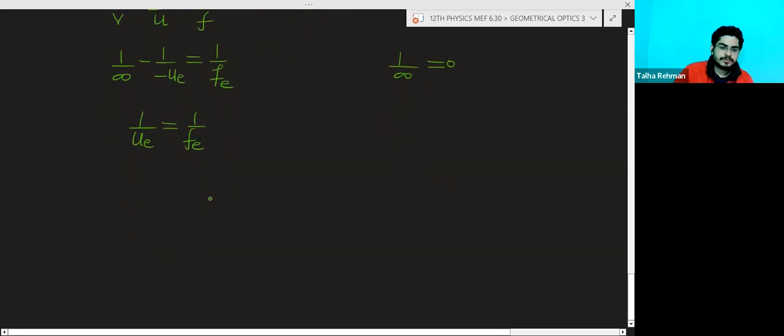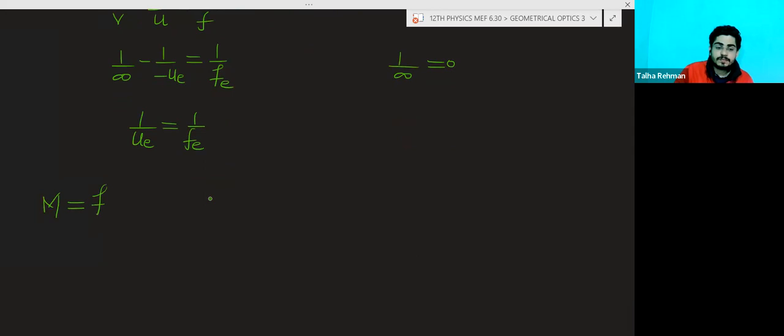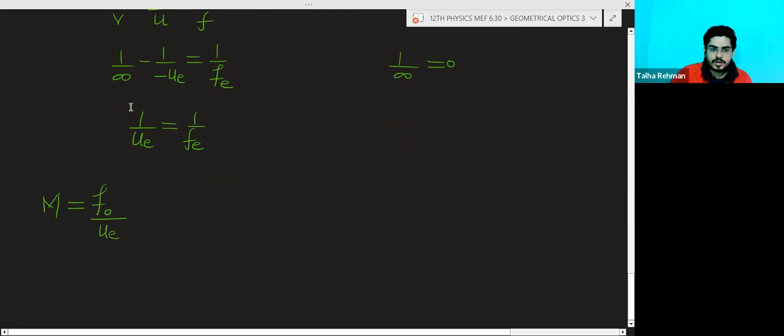Now you can find the magnification. Magnification of the telescope is the focal length of the objective divided by UE. So you have 1 upon UE as 1 upon Fe, so the magnification in this case will be FO divided by Fe.